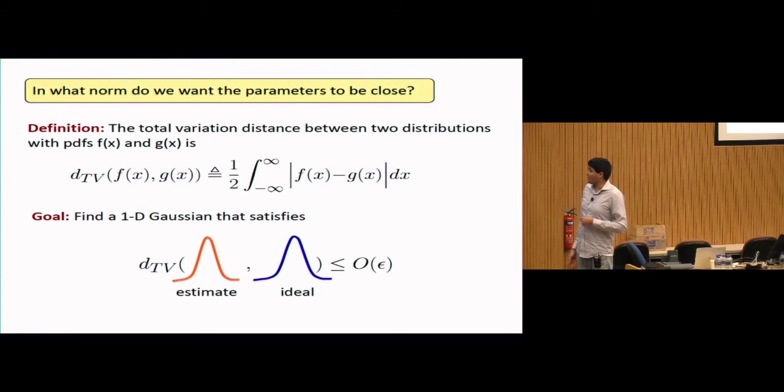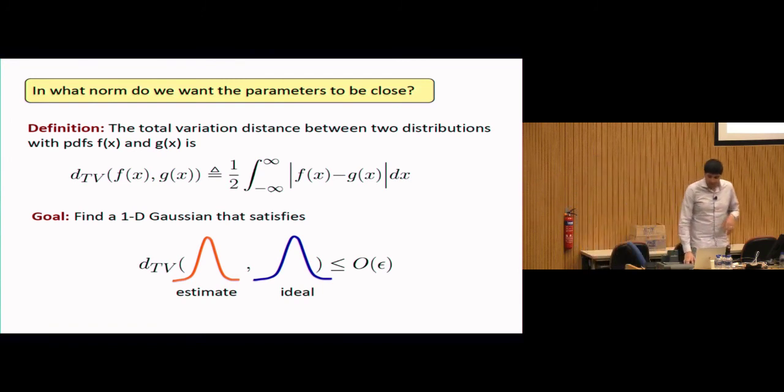So one way to define our goal is, if we're given samples from something that's epsilon close in TV to being a one-dimensional Gaussian, the natural question then is to find another 1D Gaussian, this orange curve, that's O of epsilon close to the original unnoisy distribution. So maybe we lose an extra factor of 2 hidden within this big O notation.